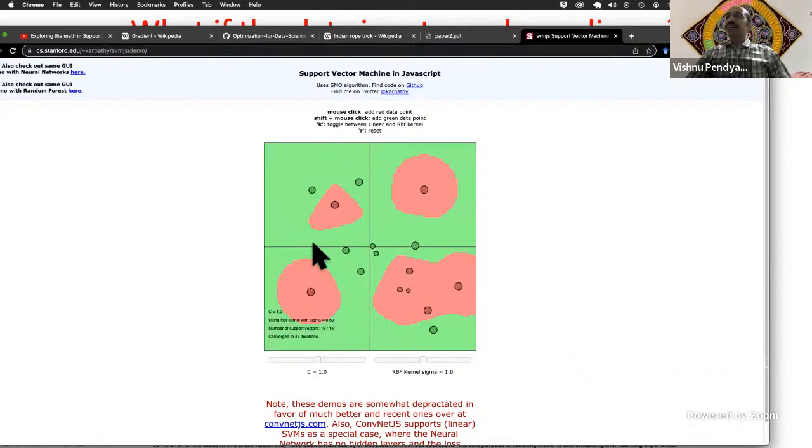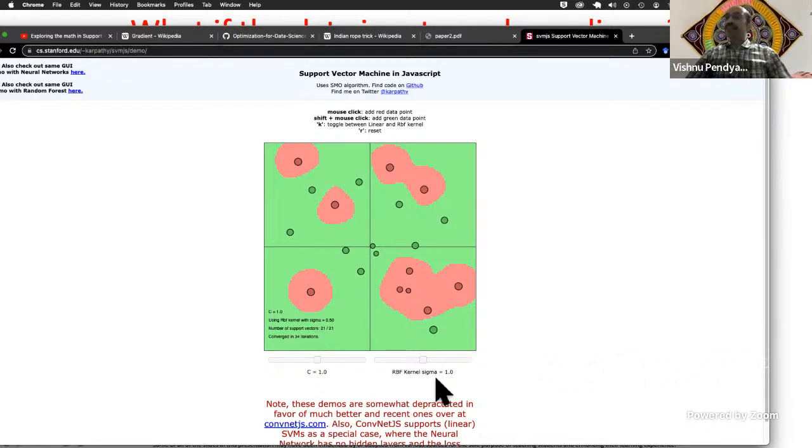As you can see, they start forming shapes. And as I add points, the decision boundary reduces, right? So as you can see, it's forming circles. So this is basically the radial basis function. And the hyperparameter there was sigma, right?